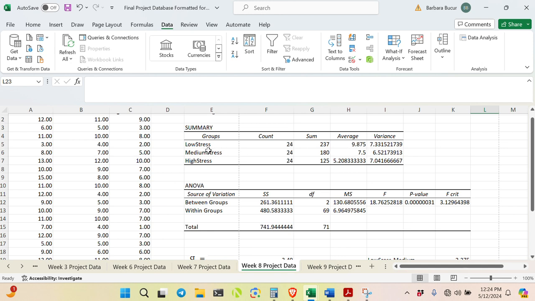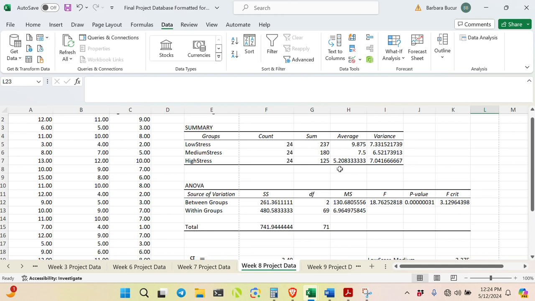And that makes sense if you think about it. Typically if people are under a lot of stress, they're not going to perform as well as when they're under low stress. So the low stress group did the best on the recall test. Medium stress group did the second best, and the worst was in the high stress condition.